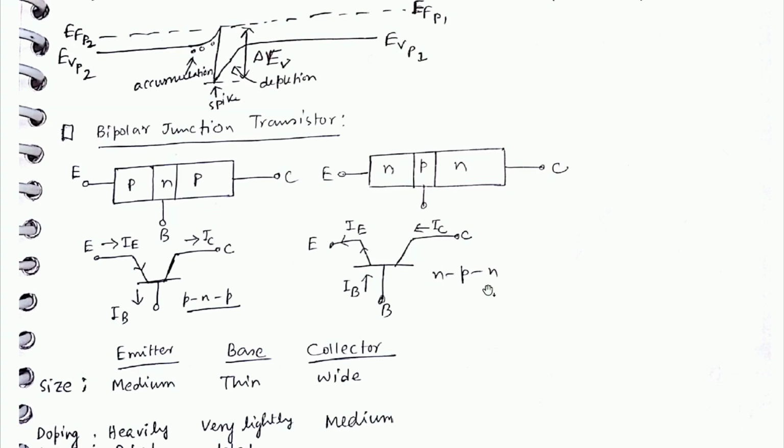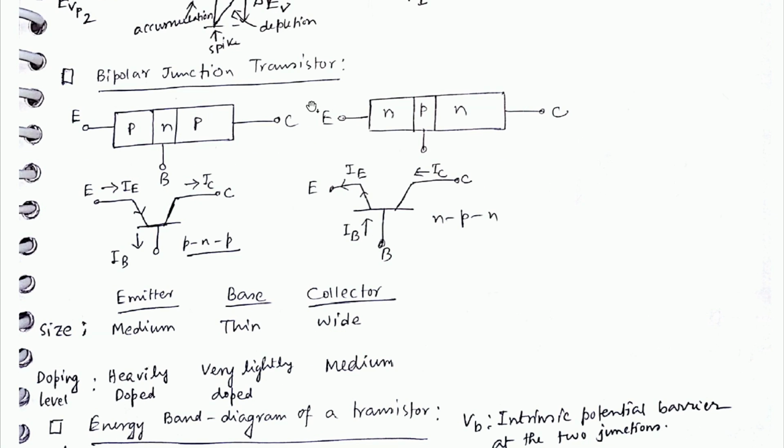Now coming to an important thing, the bipolar junction transistor. Emitter, collector, base, PNP. As you can see, the base section is very narrow, the collector section is broad, and the emitter section is medium. Same case for NPN.